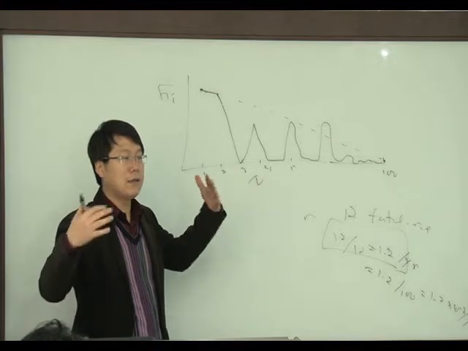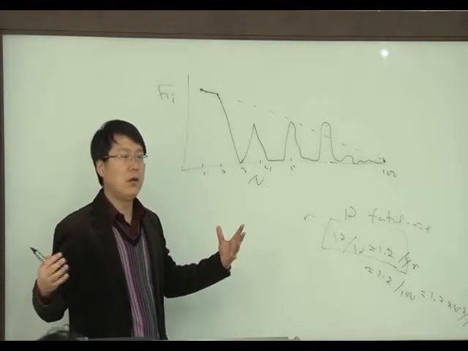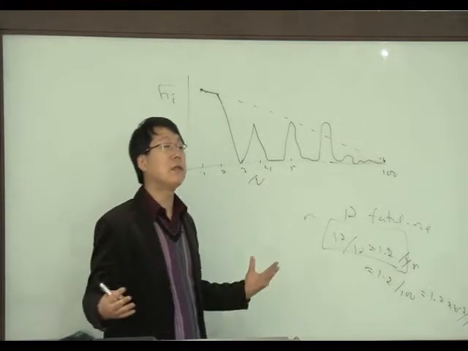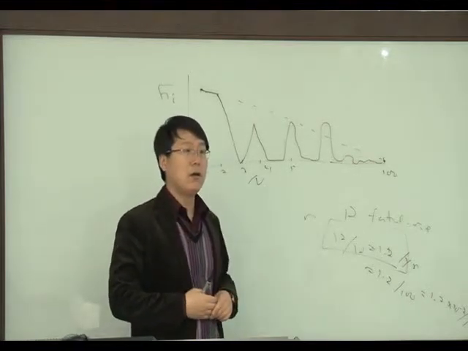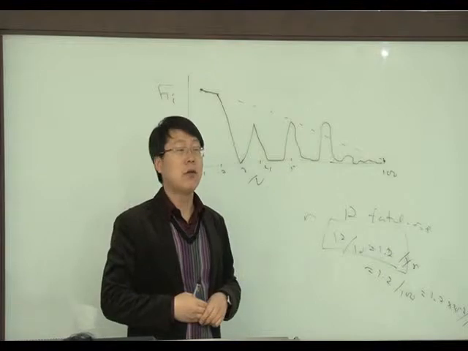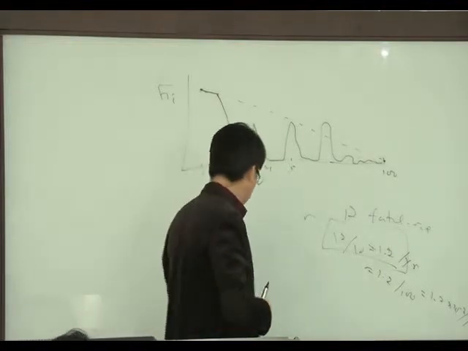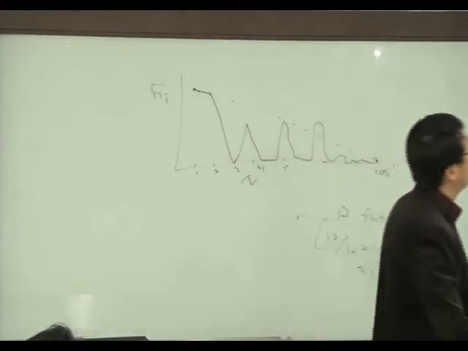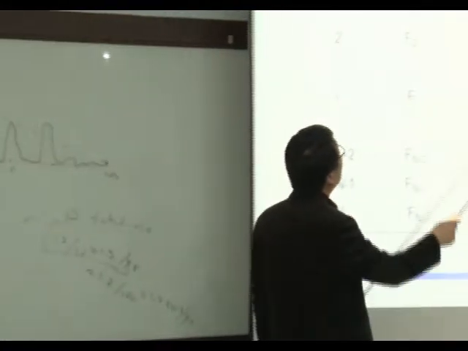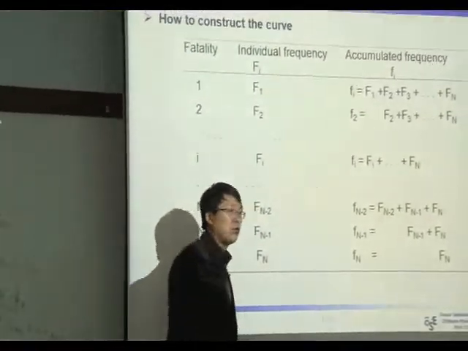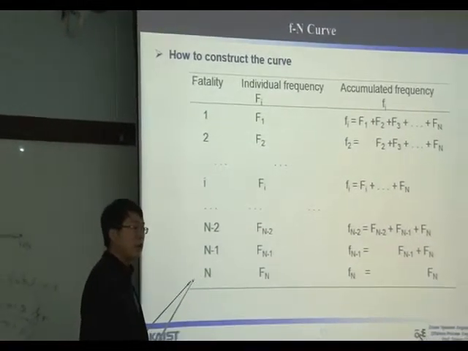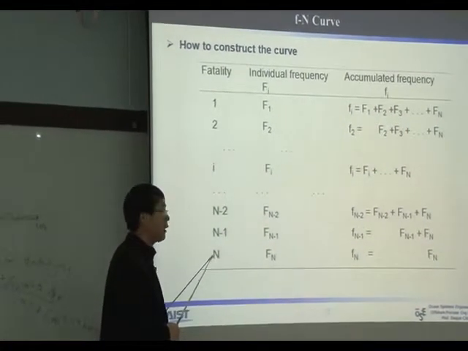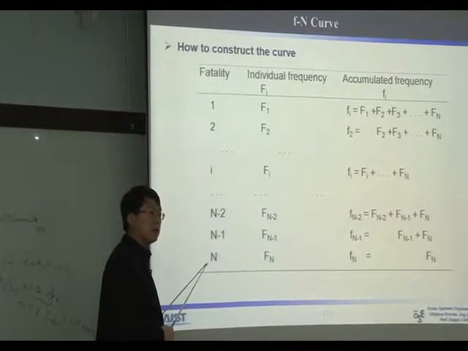We want to see the overall picture of the distribution of the accidents. So that's why we think about the cumulative frequency. In this concept, we start from the largest extent.